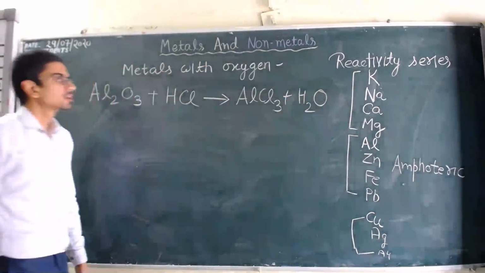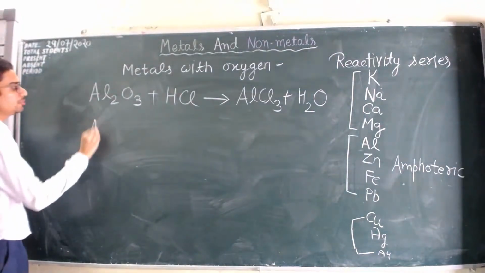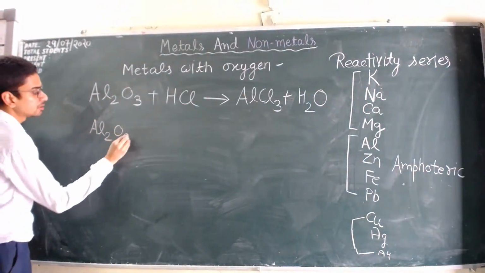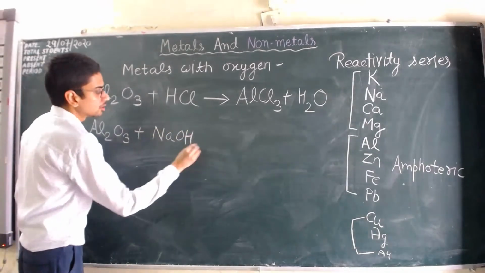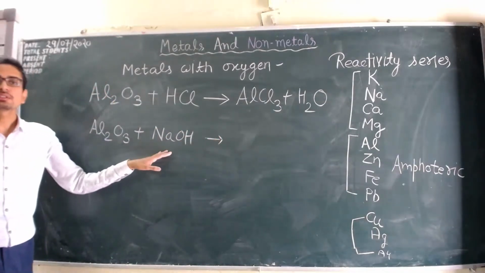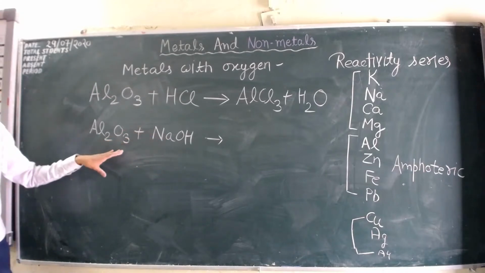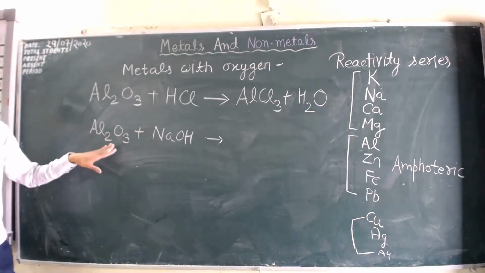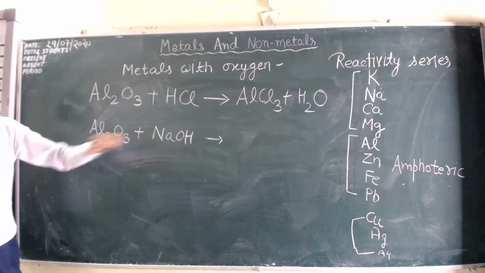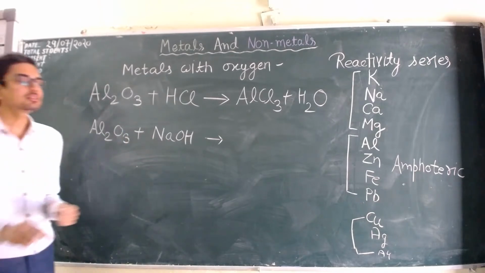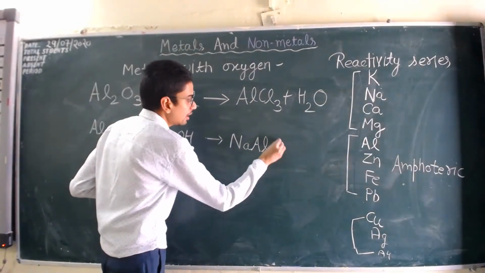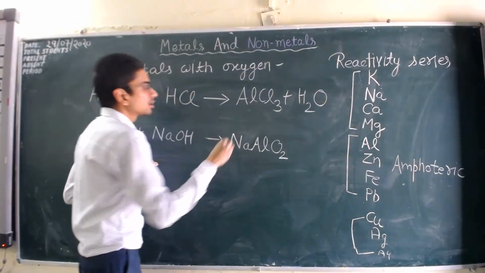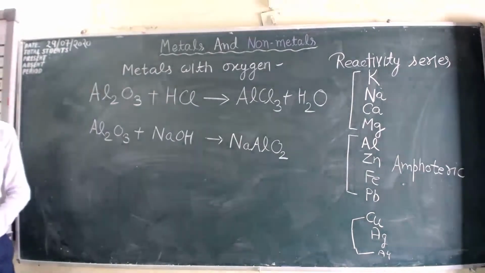Okay. Another reaction, aluminum oxide plus sodium hydroxide. Because sodium hydroxide is a base, in this reaction, aluminum oxide will act as an acid. Acid plus base will make a salt, and this salt is something different, NaAlO2. This salt you are not familiar with.